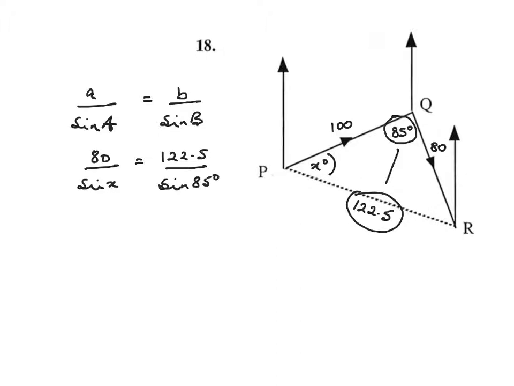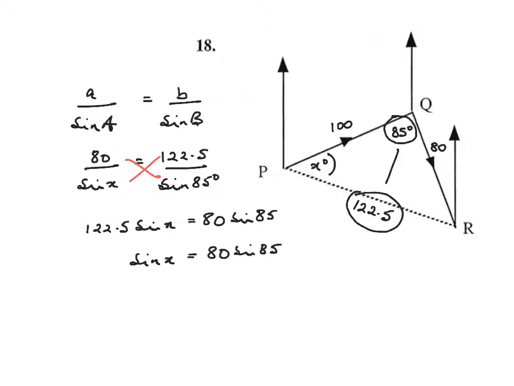Now cross multiply, and 122.5 sine X equals 80 times sine 85. Sine X then is 80 sine 85 all over 122.5, and X equals sine to the minus 1 of that. And that equals 40.6 degrees.